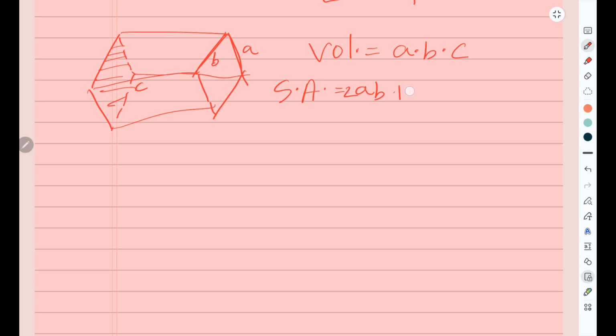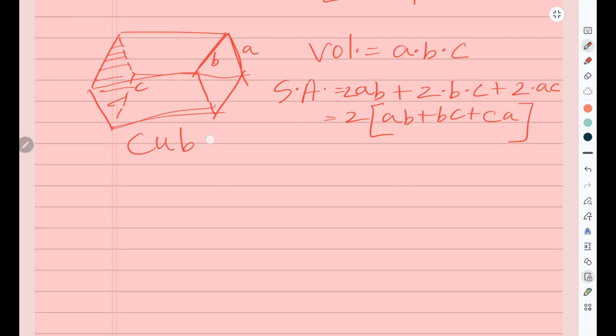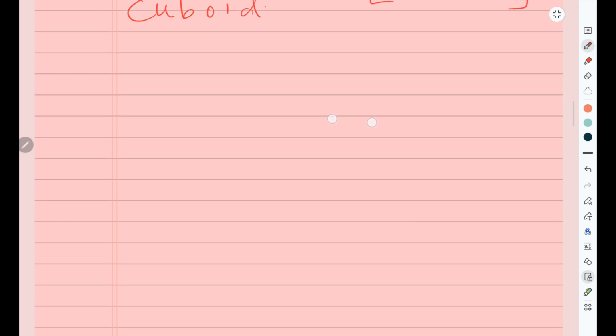So 2ab, then similarly 2 times b times c, plus 2 times ac. So we can take the 2 common: ab plus bc plus ca. Okay, so this will be the surface area of this cuboid. And then obviously this is the volume. Okay, let us just go forward and take up the cylinder.